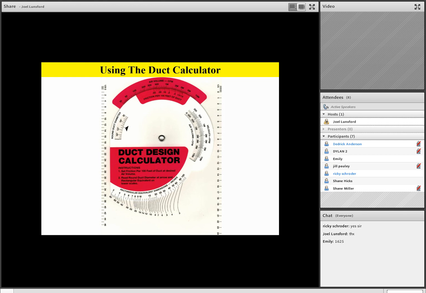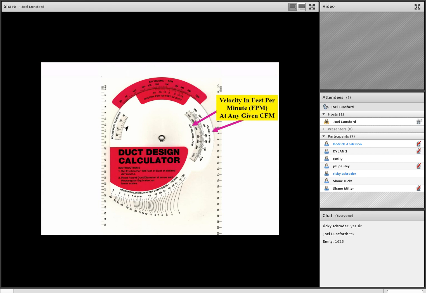Every duct calculator that I've ever seen is going to have a relationship of velocity and CFM, just like we talked about in our previous session in Module 1. On the duct calculator, you will find a chart that allows you to find velocity in feet per minute and CFM.